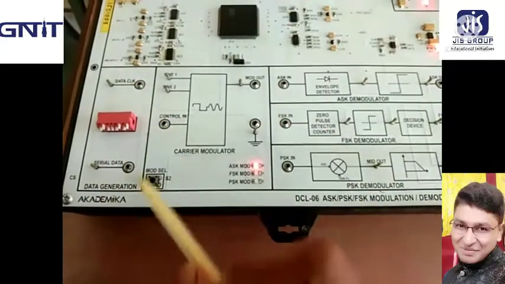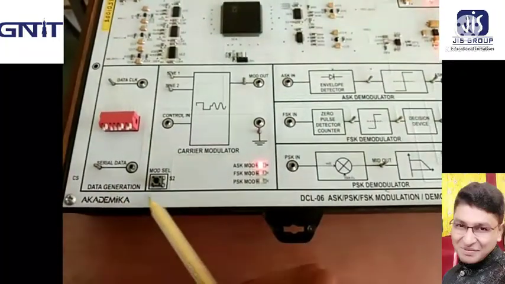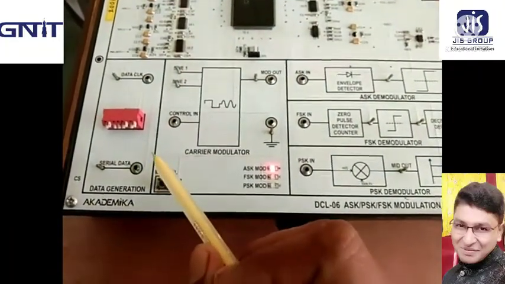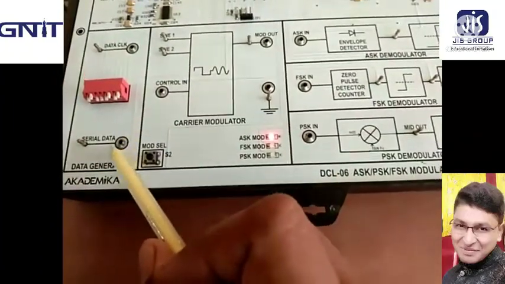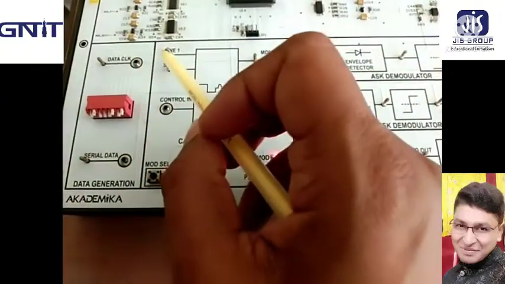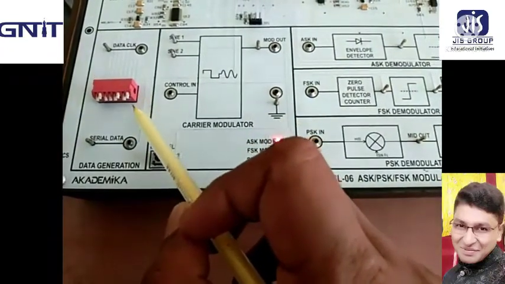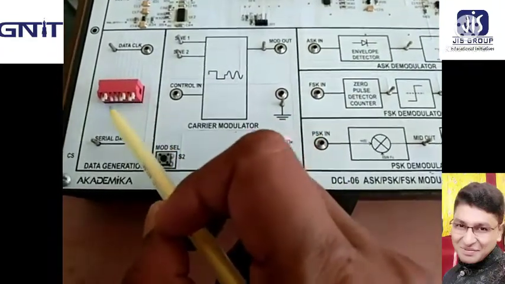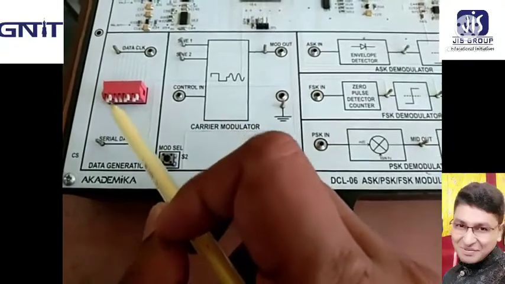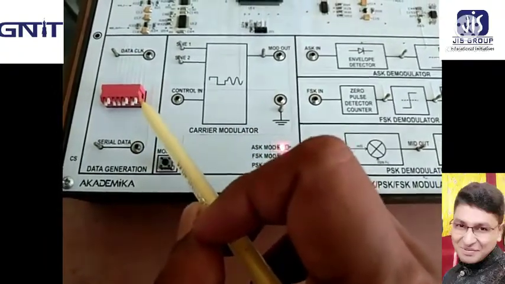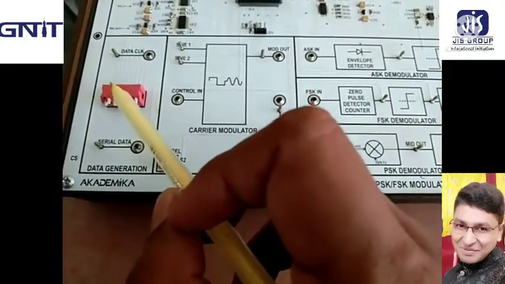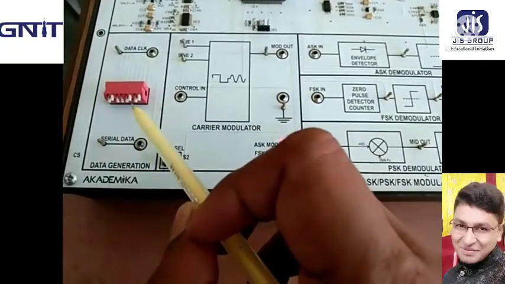This section is the data section or data generation section. This is our serial data, and this is the data clock, and the red portion is the input selector, that is 1 0 1 1 1 0 1. Upper is 0 and lower is 1.